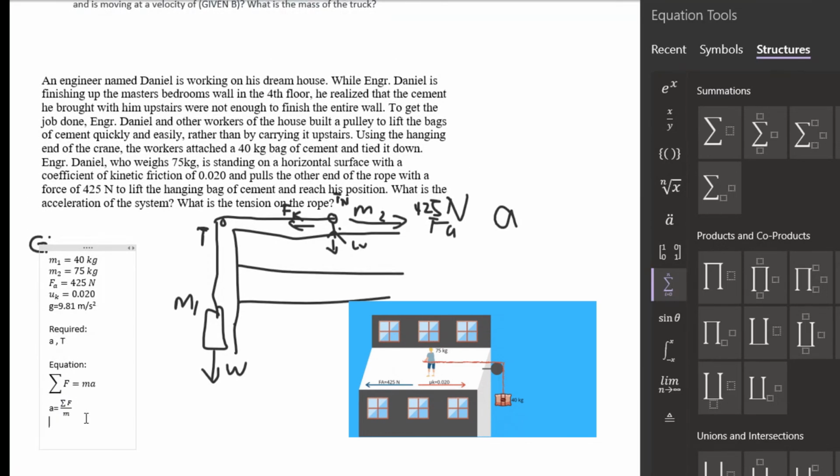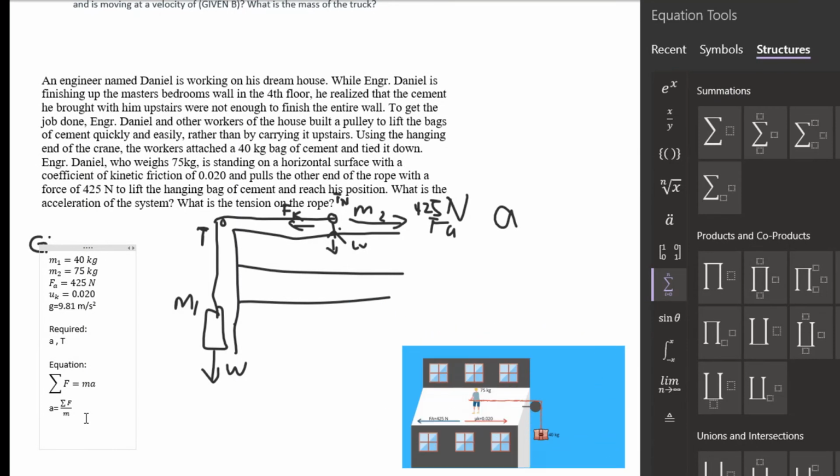Let's try to determine all the summation of forces exerting or happening in the system. In the summation of force, we can see that there's the applied force. The applied force is this one.